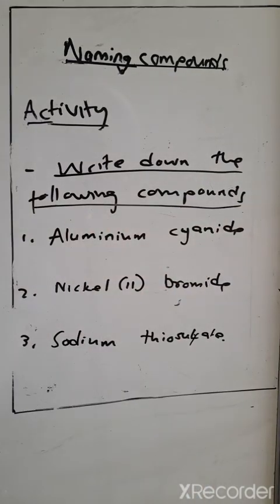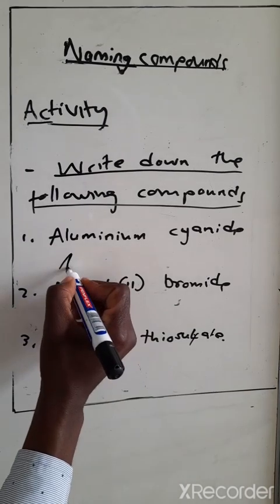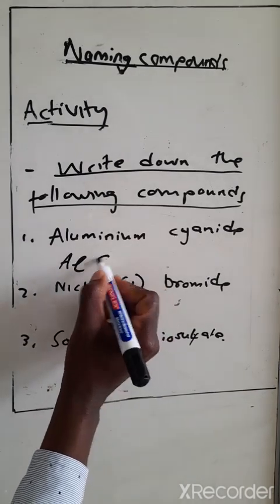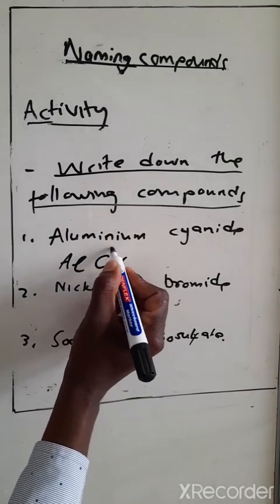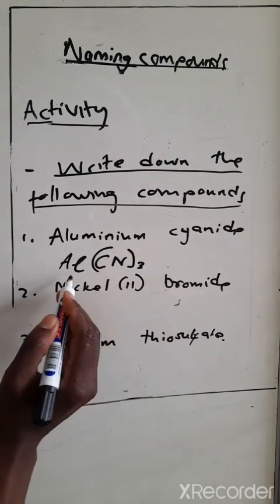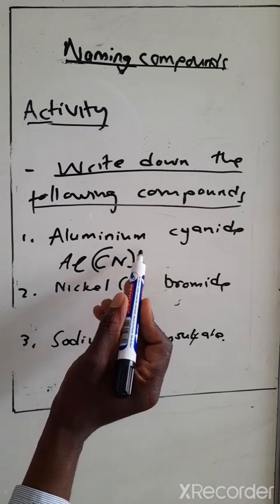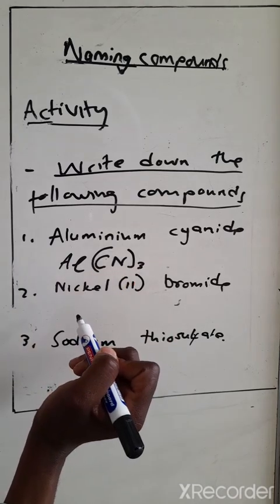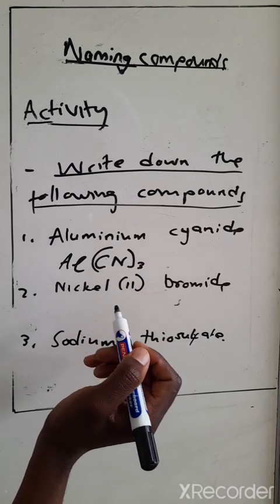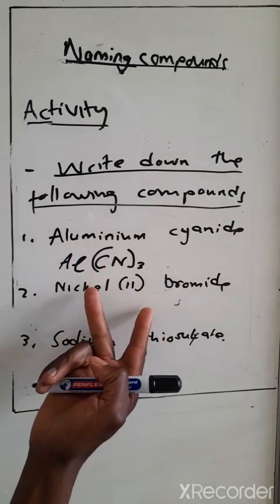I hope you get the following answers. Al(CN)3. Remember, aluminium is 3+ and cyanide is -1, so they are going to swap and then bring down.